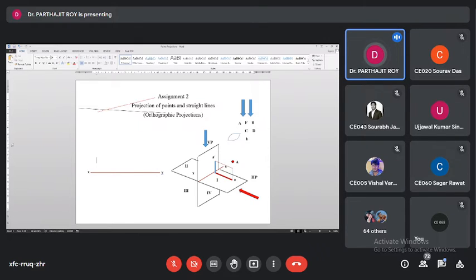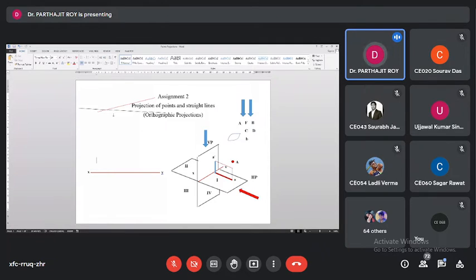How do I show the position of top view and position of front view with respect to the ground line XY? Are you getting me? Yes, sir. So for the point A, the top view will be in front of the vertical plane, and the front view will be above the horizontal plane, isn't it? Yes, sir. Okay.